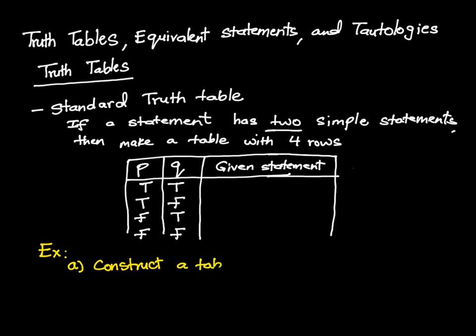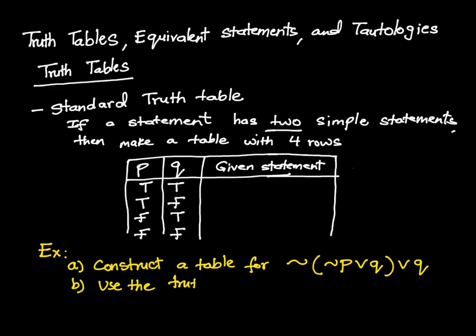Now let's do a proper example where we talk about all this. So the question is, construct a table for not, in parentheses, not P or Q, where or is the disjunction.